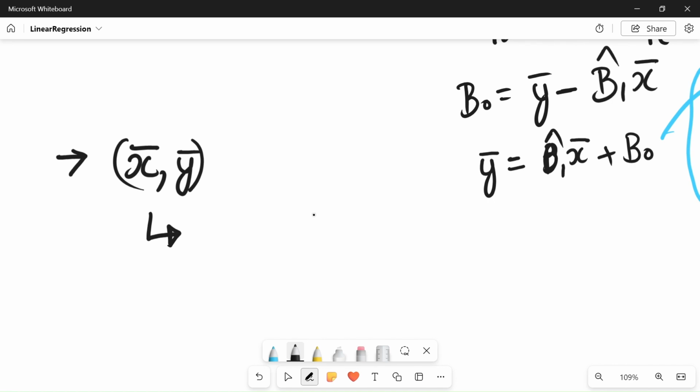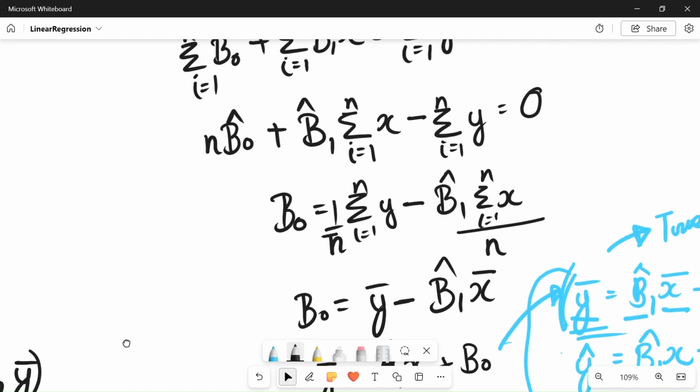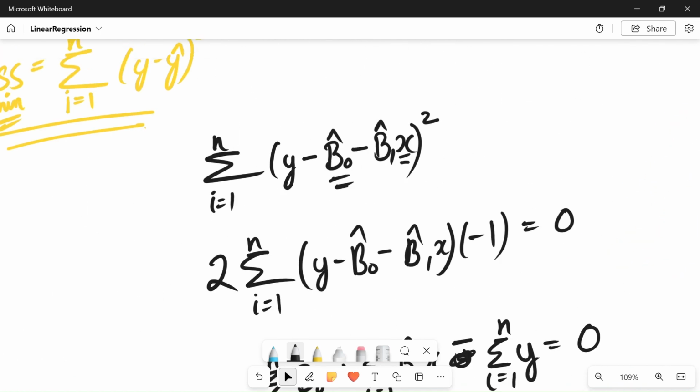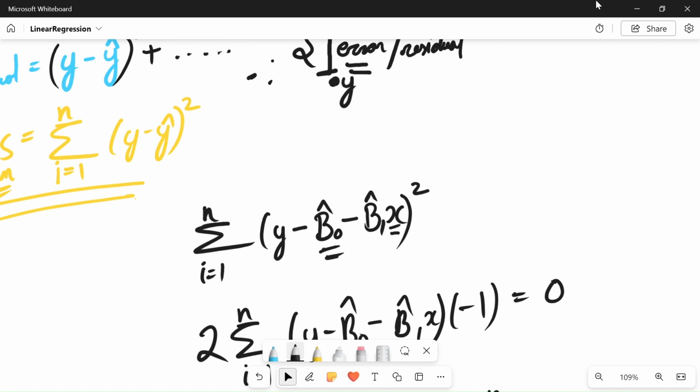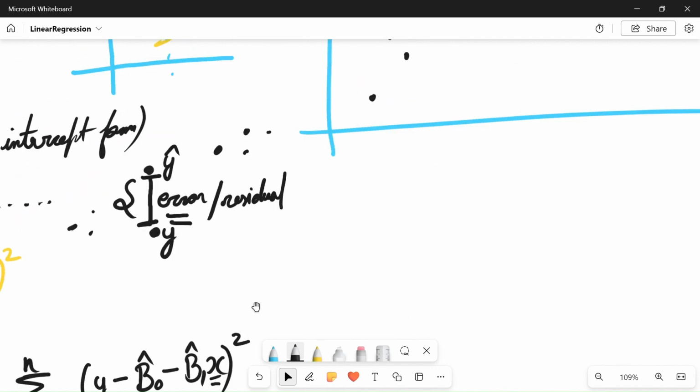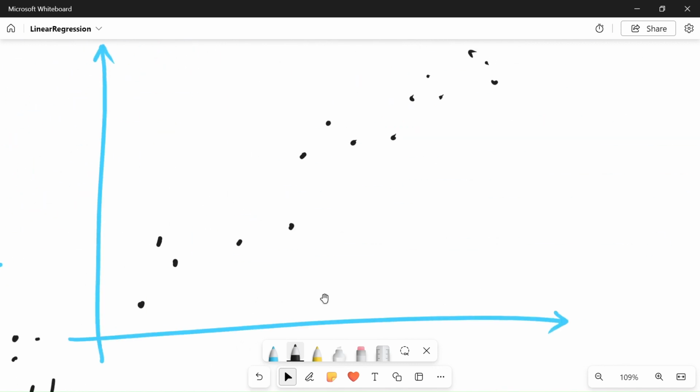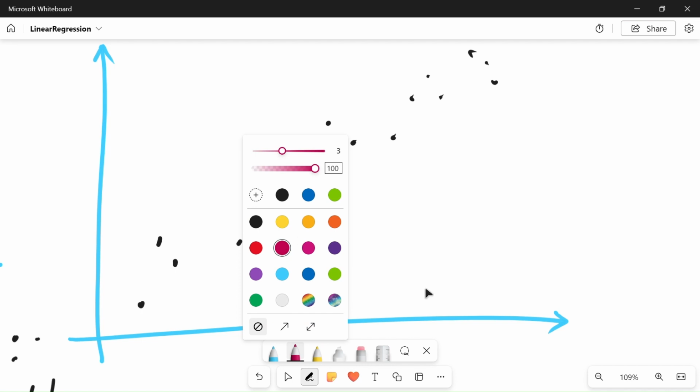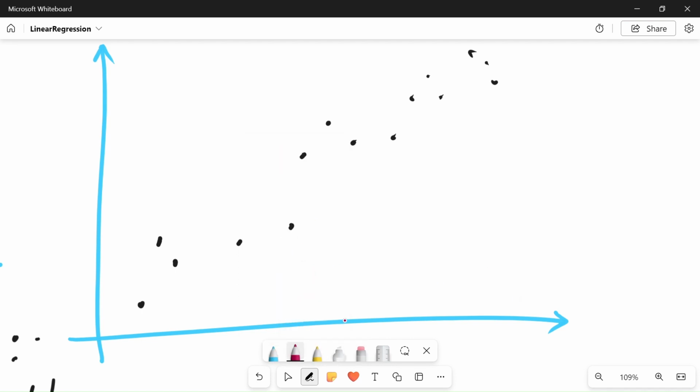And by that I mean, let's go to the plane that we had made earlier, and let's pick another color first, and assume this point to be x bar and this point to be y bar.